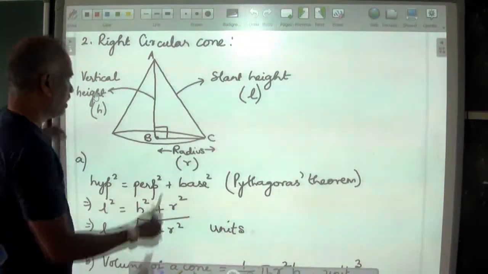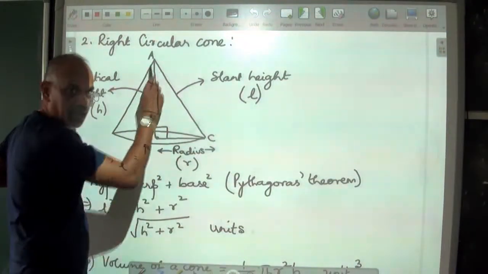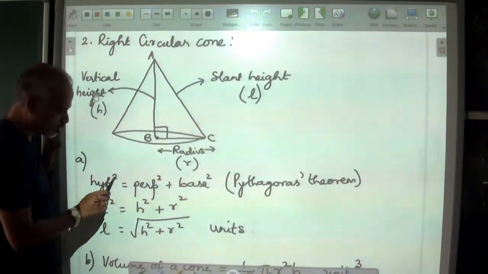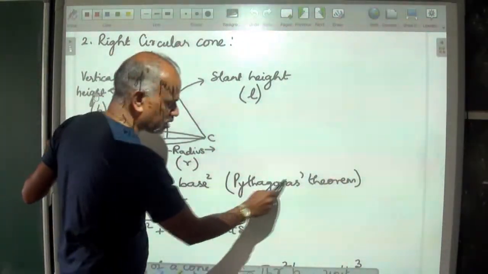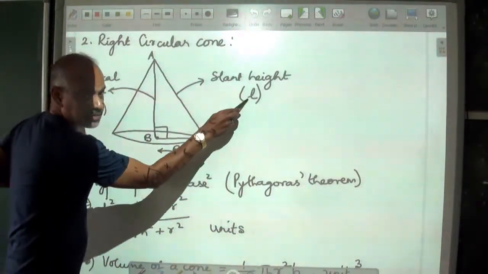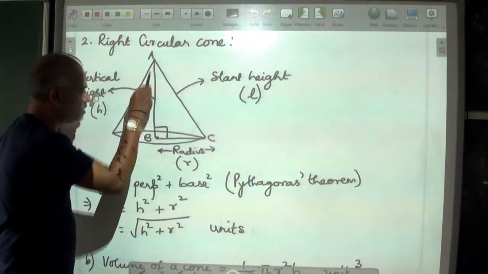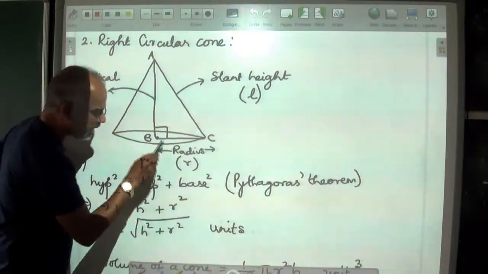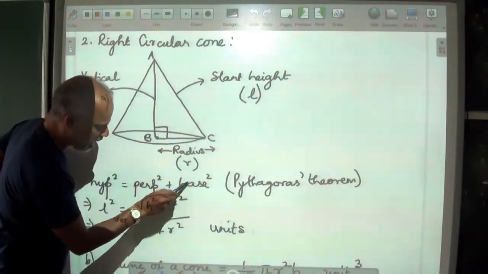Since this is a right angle triangle, if you use Pythagoras Theorem, hypotenuse squared is equal to perpendicular squared plus base squared. Hypotenuse is small l, so l squared is equal to perpendicular, which is small h squared, plus base of the triangle, which is r squared.